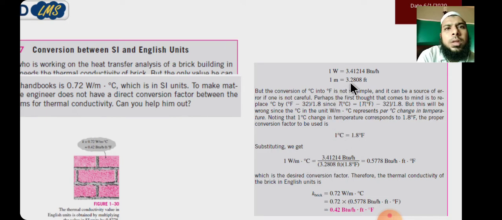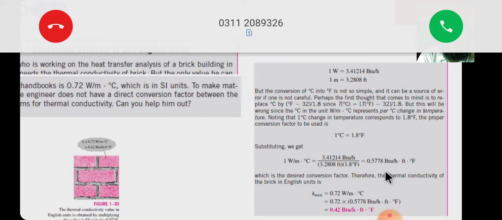So we just place these conversion factors into the whole thermal conductivity formula, and we get the answer in British system units. And 1 meter is equal to 3.28 feet. So we apply 1 watt per meter: 1 watt is 3.412, divided by meter is 3.28, divided by degree centigrade, 1 degree is 1.8. So we apply this formulation, and we get the value of thermal conductivity of brick in British units.